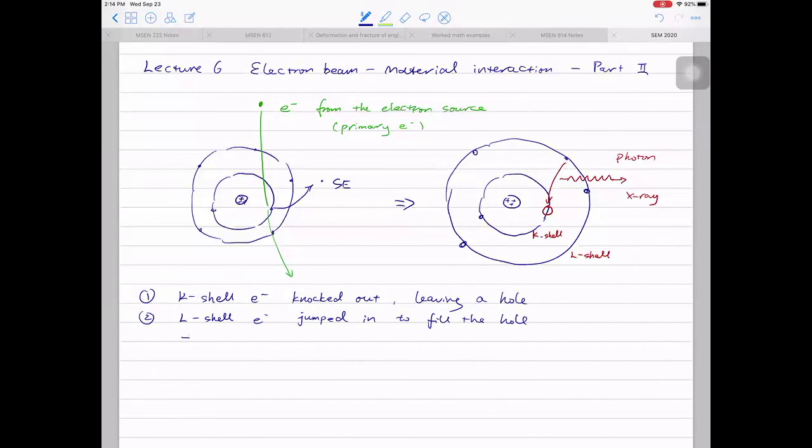This causes an energy imbalance. Then the excess energy is released as a photon, and the wavelength is in the range of X-ray.